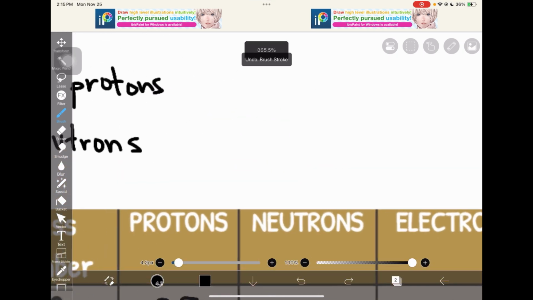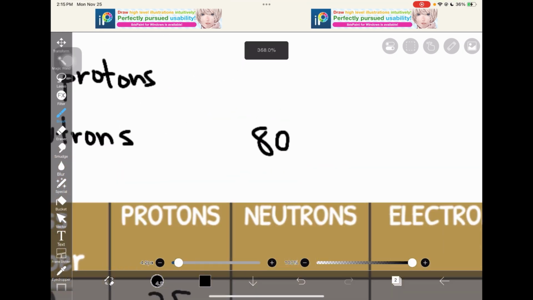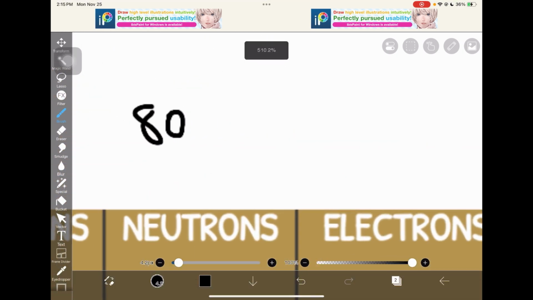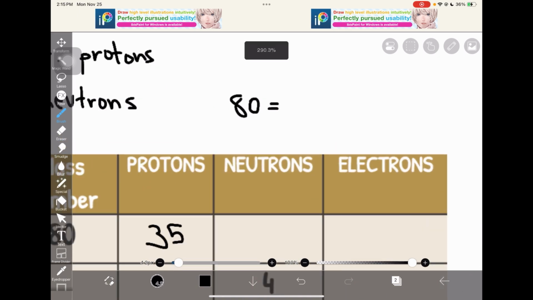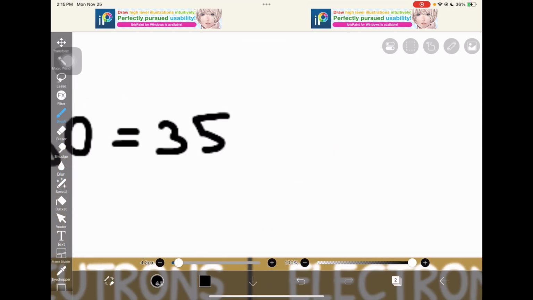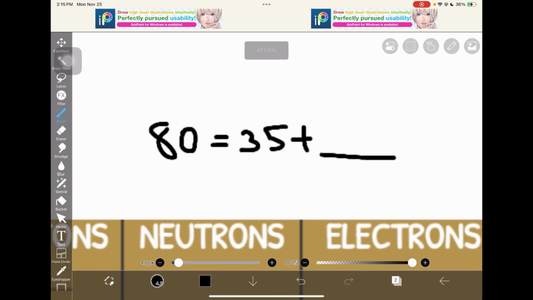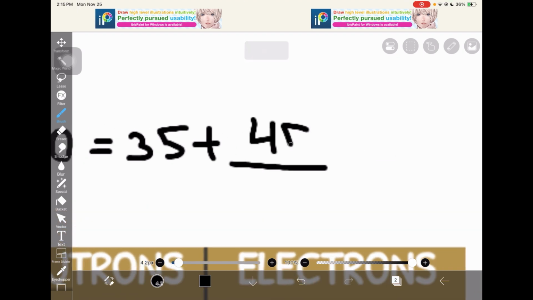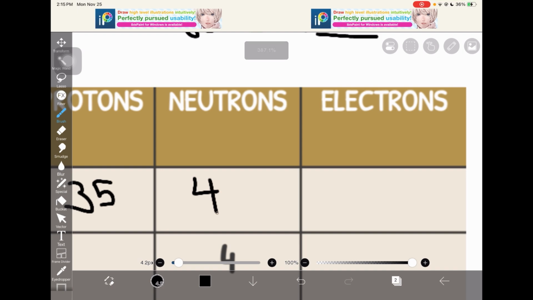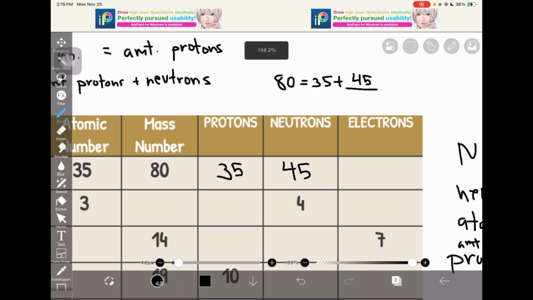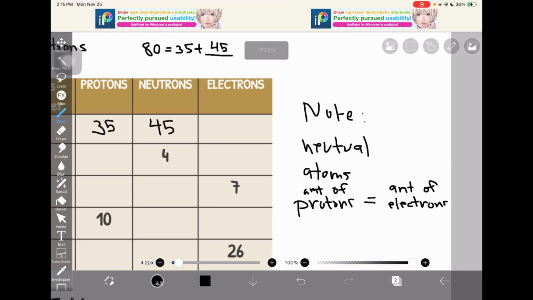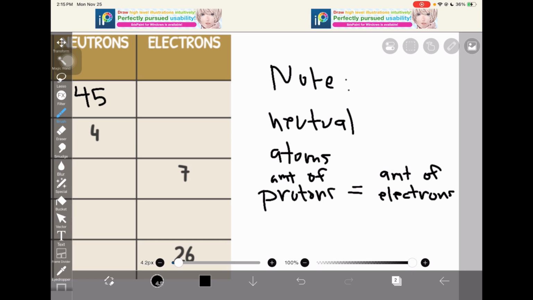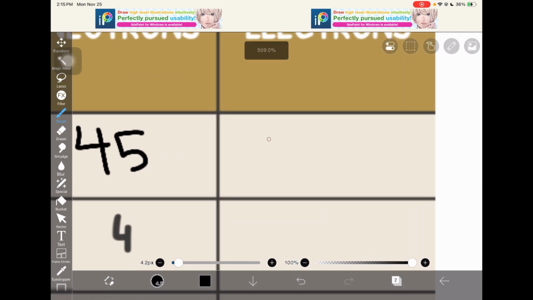So let's form an equation here. 80, which is our mass number, is equal to the amount of protons, which is 35, plus something. And by just subtracting 80 minus 35, you can get 45, which is the neutrons. And since this is a neutral atom, the amount of protons is equal to the amount of electrons, hence it's 35.